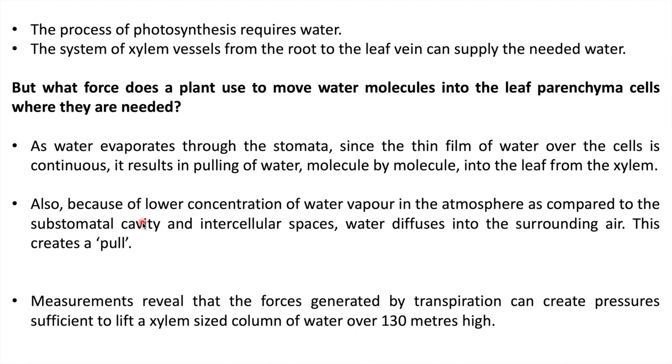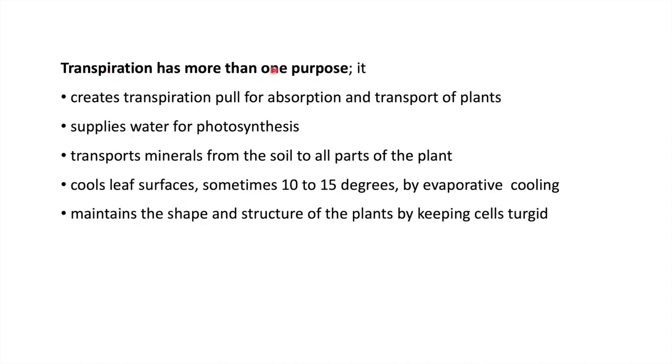So there occurs movement of water molecules from the stomata to the outer environment by the process of transpiration. We can say that this transpiration process can lift water from root to leaf up to a height of 130 meters.